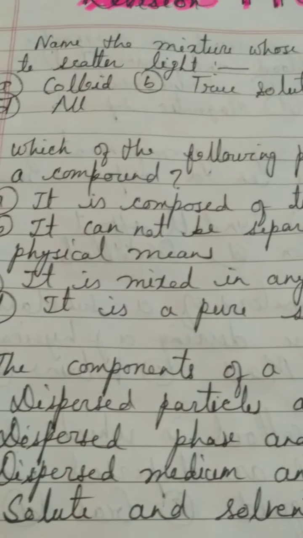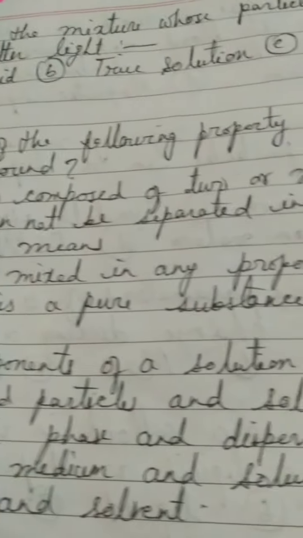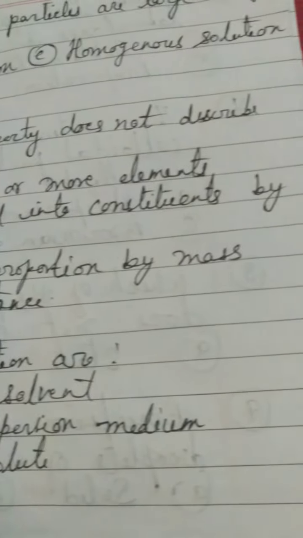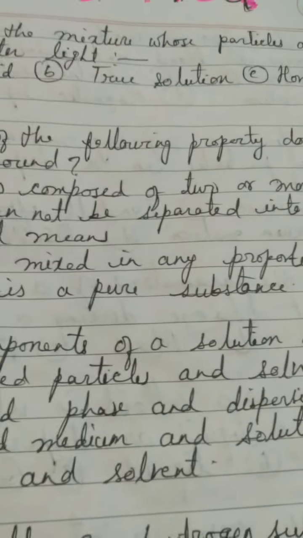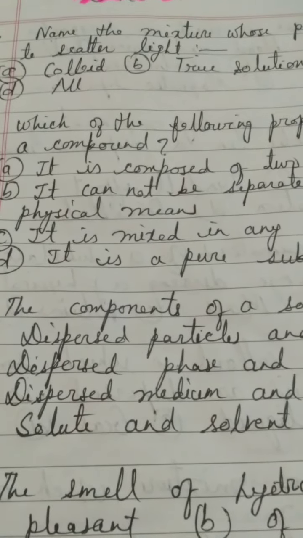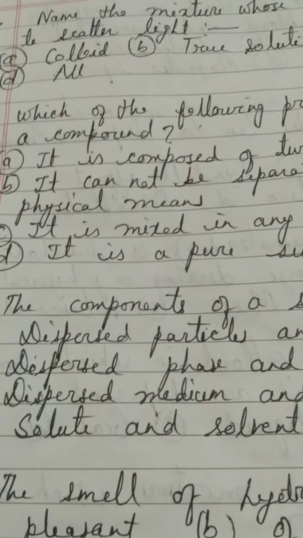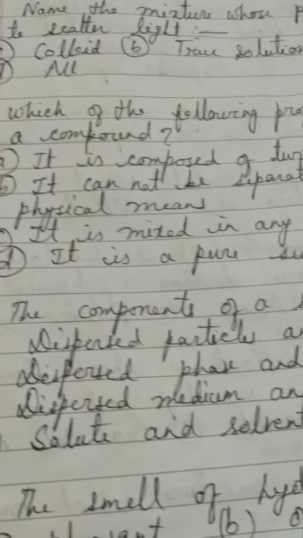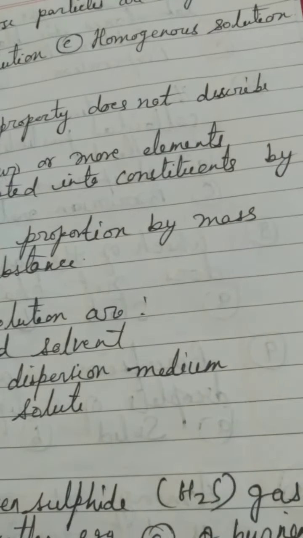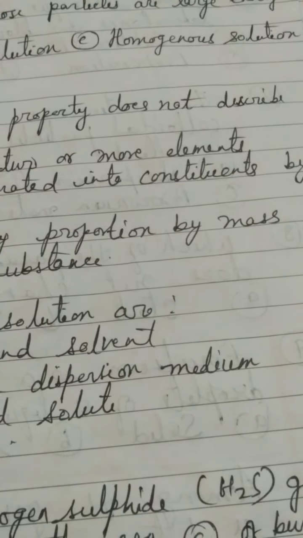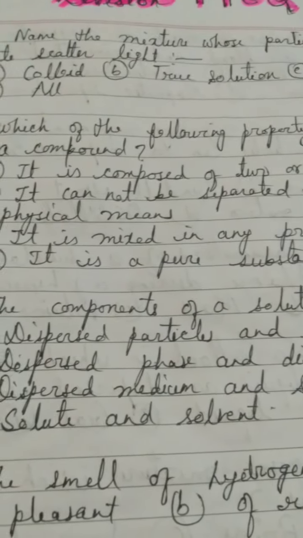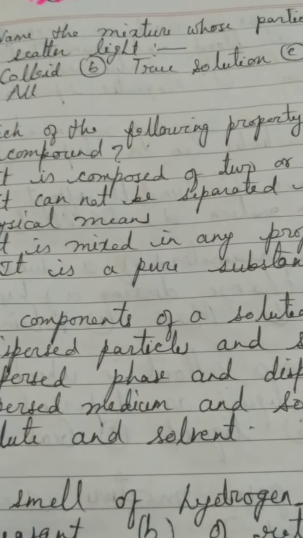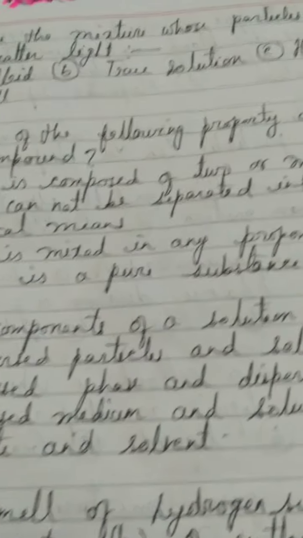It cannot be separated into constituents by physical means. This is also right, children. Compounds can't be separated by physical means. You will have to apply some chemical method to separate the elements from the compounds. C. It is mixed in any proportion by mass. Looks wrong. It is a pure substance. According to the law of constant proportion, always in fixed proportion by mass, not any.